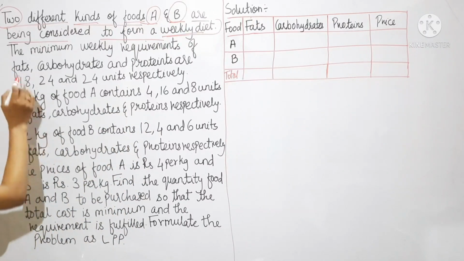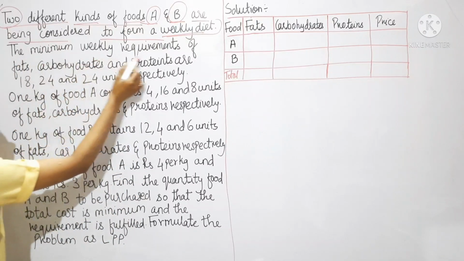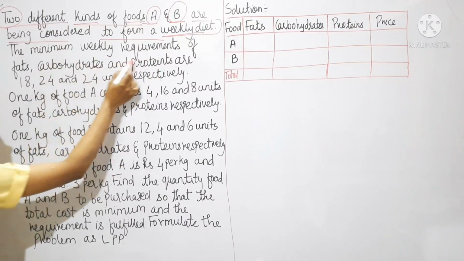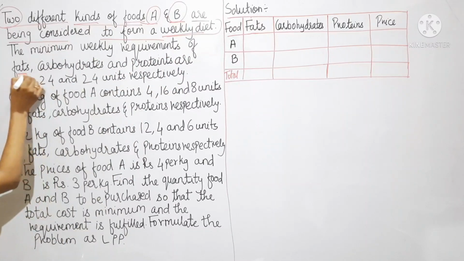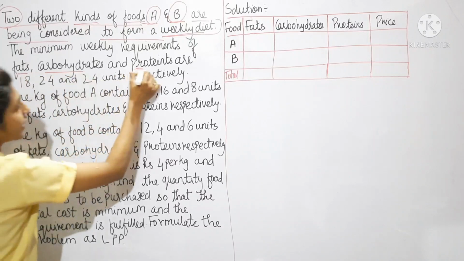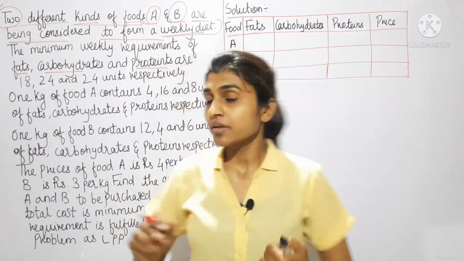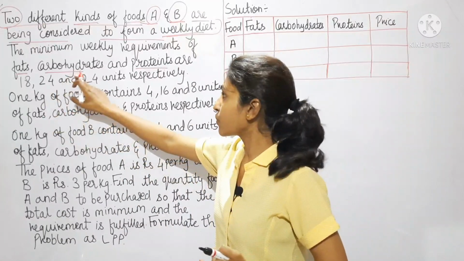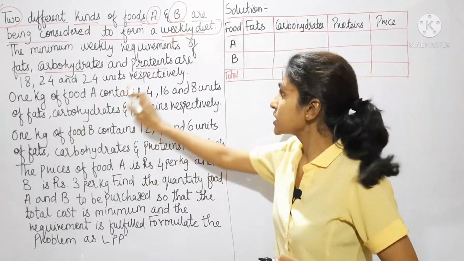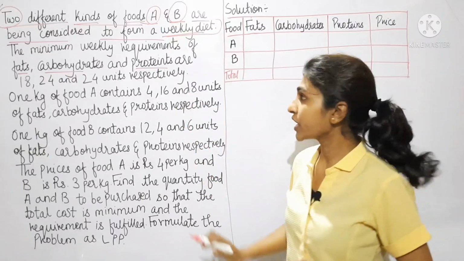The minimum weekly requirement of fats, carbohydrates and protein. So in the weekly diet we require fats, carbohydrates and proteins.